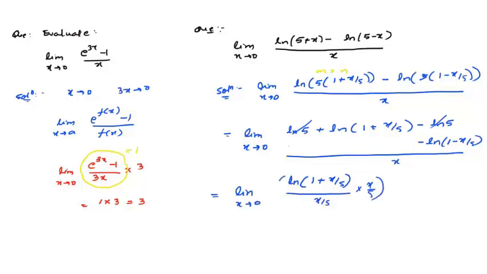This is the first term in the numerator. I have multiplied and divided it by x by 5, minus ln of (1 minus x by 5). So I can write this as 1 plus (minus x by 5), and again I'll divide this by minus x by 5 and multiply this by minus x by 5.